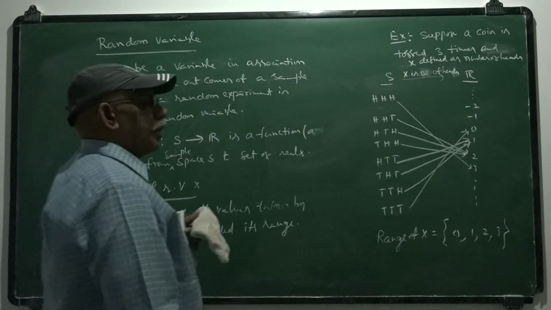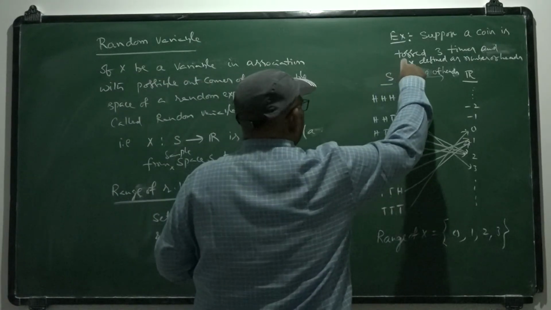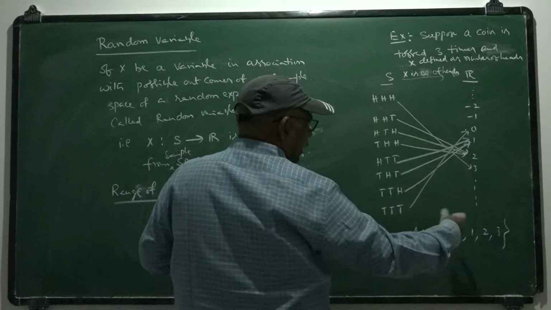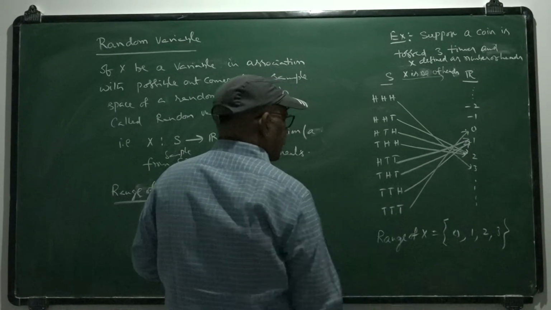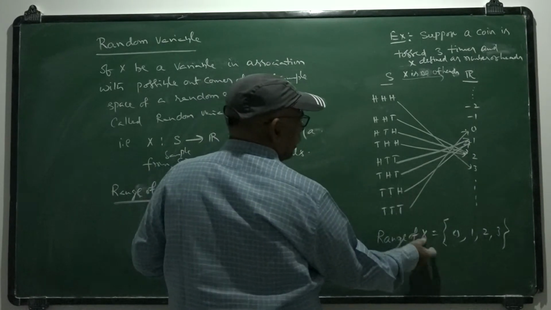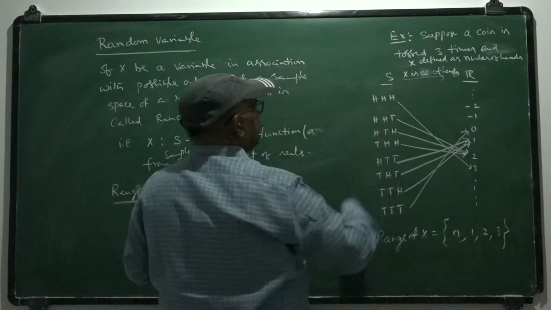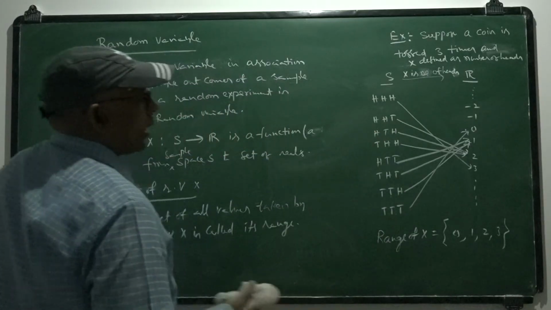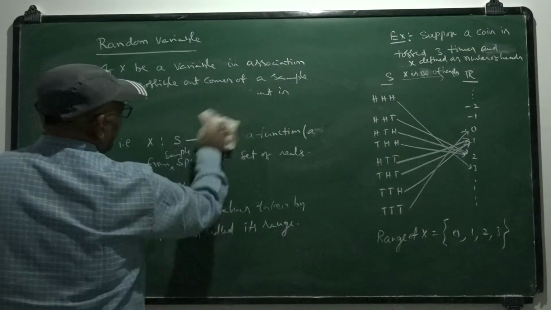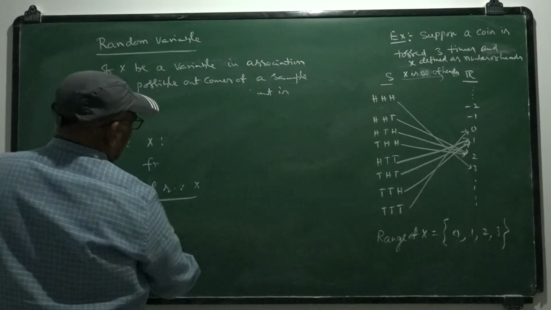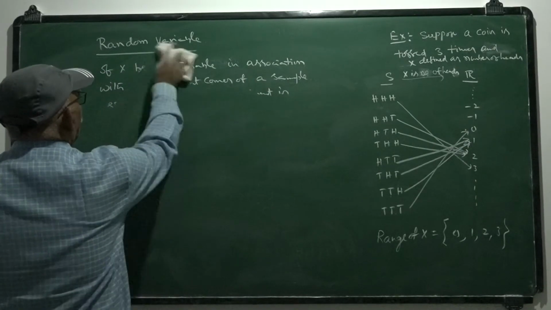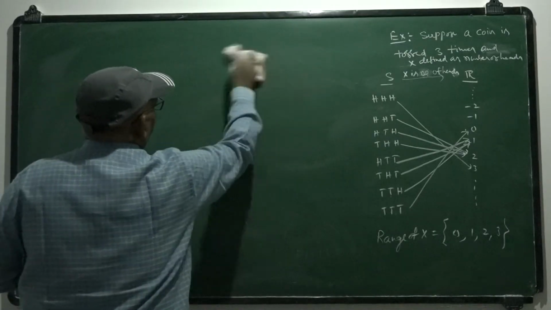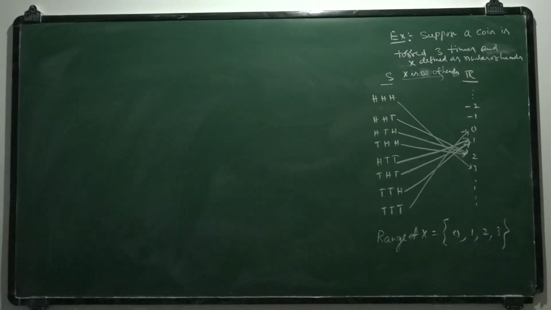So you can define such a variable. It takes different values, hence it is called a variable. Such a function is known as a random variable. Here X is a random variable. Corresponding to the values of X that it takes, we can find probabilities.